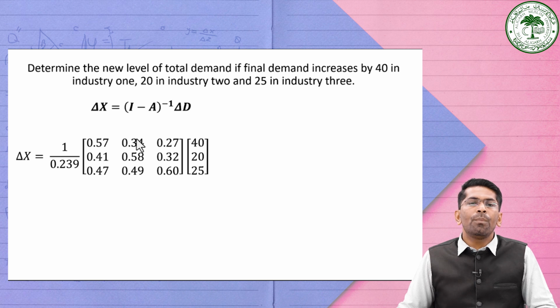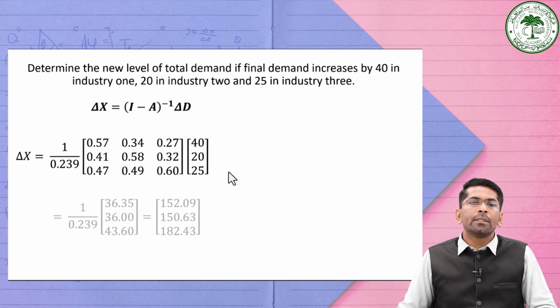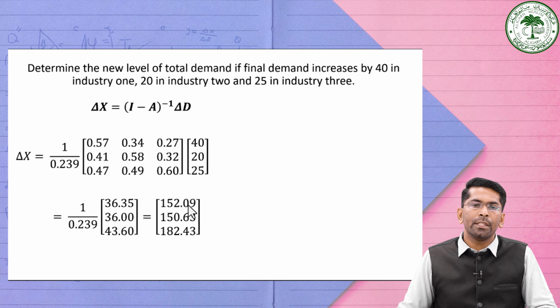If you multiply these two matrices, it becomes 36.35, 36, 43.60. Multiplying 1 by 0.239 into 36.35 gives 152.09. Similarly, 36 divided by 0.239 is equal to 150.63, and 43.60 divided by 0.239 is equal to 182.43.